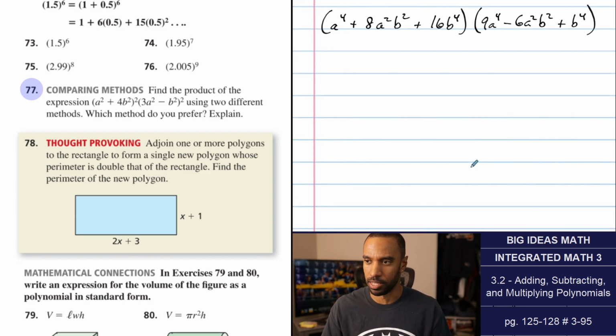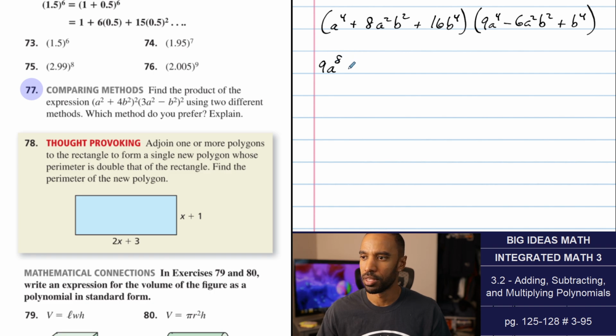Now we multiply these ones out through just multiplication. So 9a to the 8th minus 6a to the 6th b squared. I'm doing a to the 4th times these. Plus a to the 4th b to the 4th. Now I'm going to do 8a squared b squared times these. Plus 8a to the 6th. No, not 8. 72. Plus 72 a to the 6th b squared.